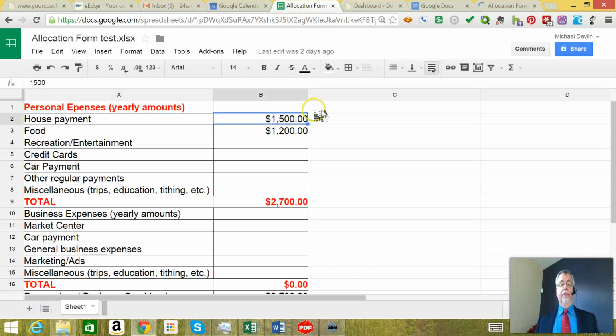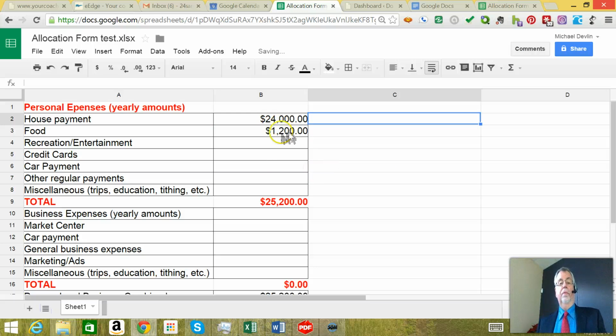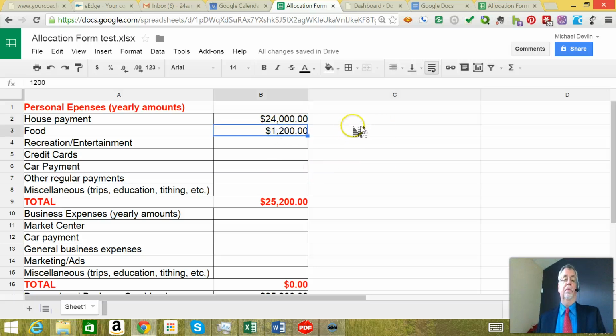So the idea is, how much is a house payment, and the thing that I was messing up when I first did this is, how much are you spending? What would be a monthly allocation for food?